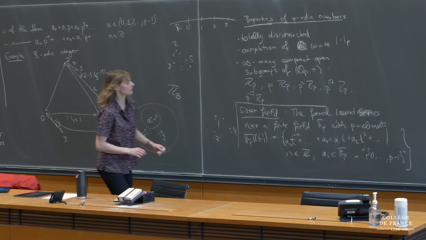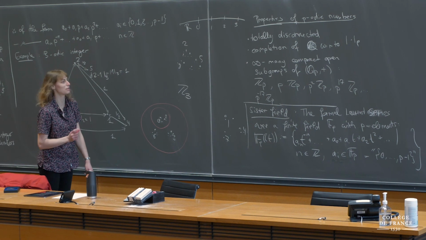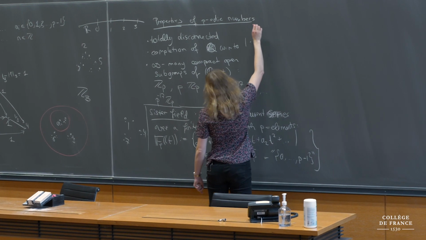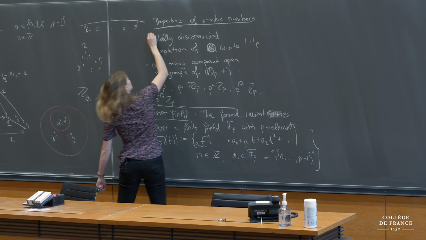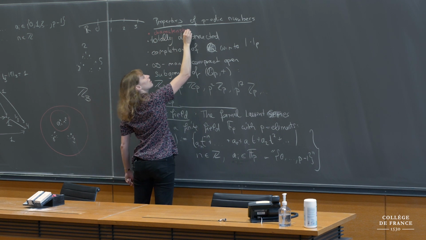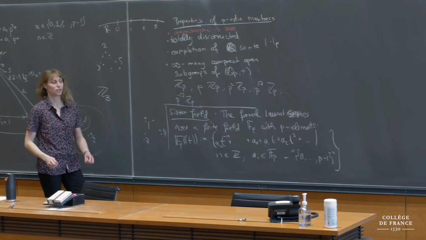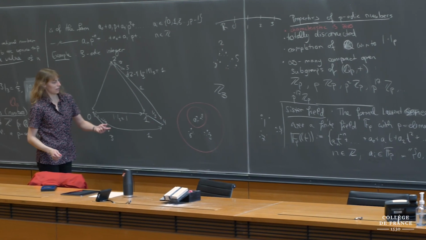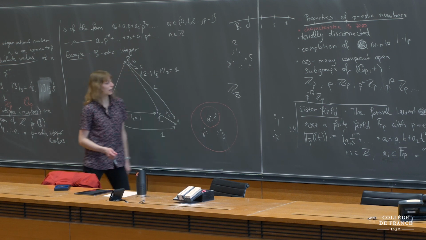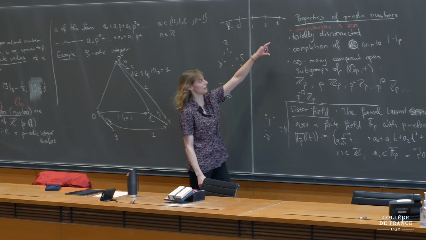What is a key difference? So a key difference, I said at the beginning, I'm often asked, what's the characteristic of the p-adic numbers? And I haven't told you yet. So the characteristic of the p-adic numbers, let me add this here, is 0, because the p-adic numbers contain Q, and all the integers are contained in there, and none of them is 0, so none of the prime numbers is 0 in the p-adic numbers.